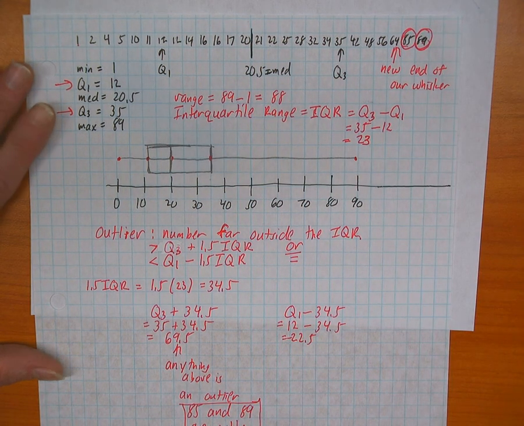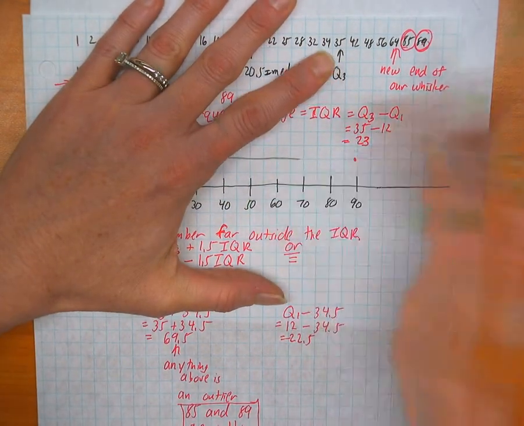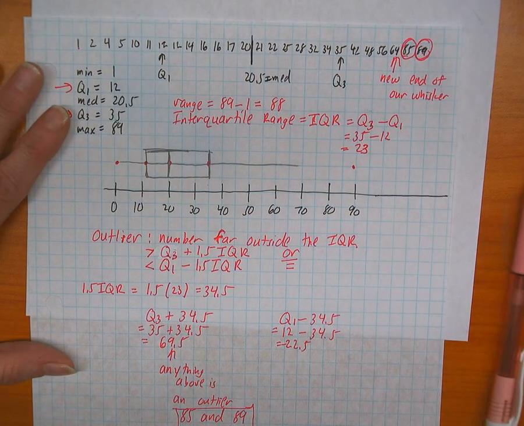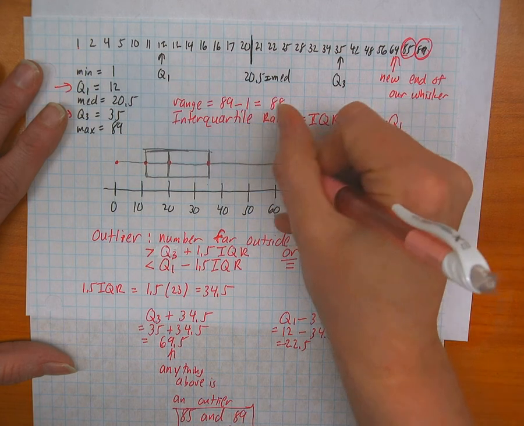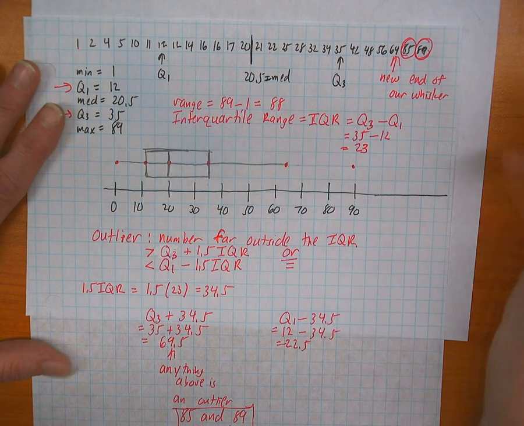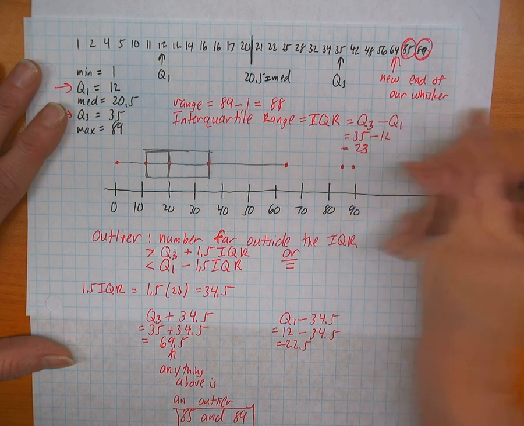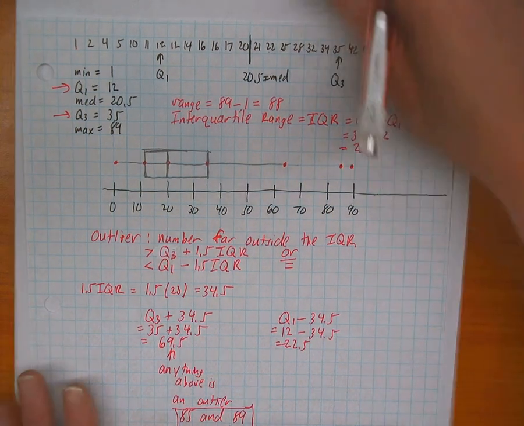So we're going to erase and we're going to put 64 as the end of our whisker now, but we do still plot these points. They're just not connected to the box and whisker. So they're going to look a little bit like this.